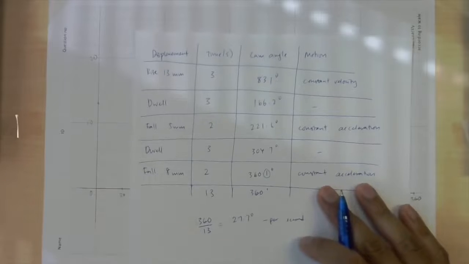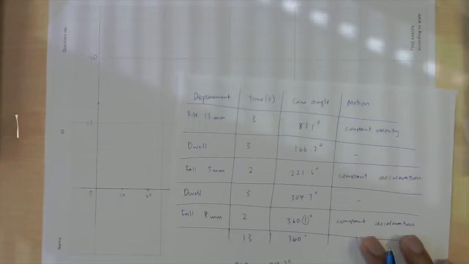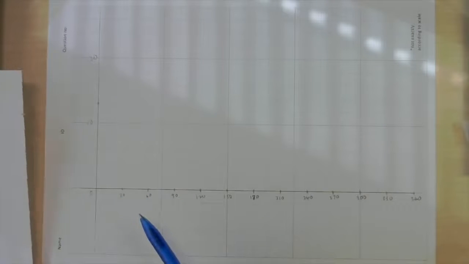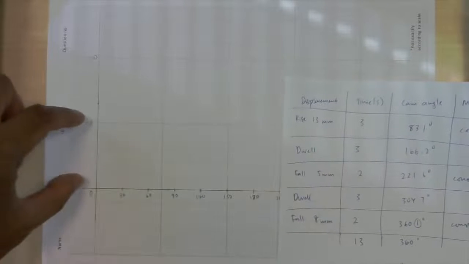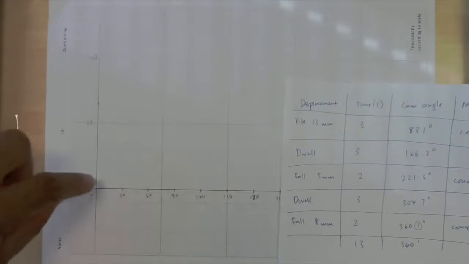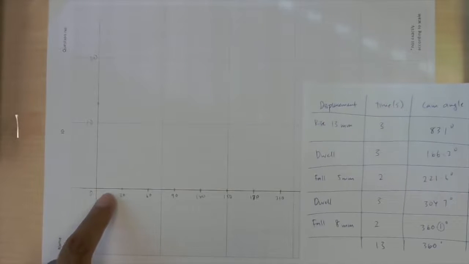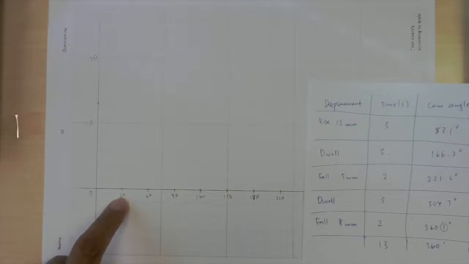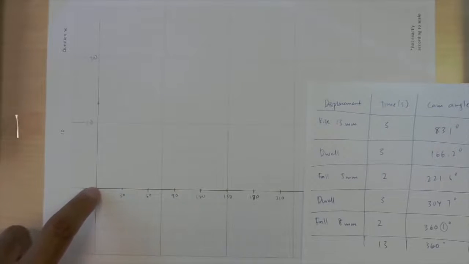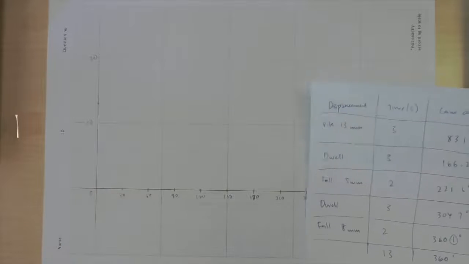And now to plot it on this graph paper. So I prepared the graph paper already. Since the rise is basically 13 millimeter, I put this at 10 to 20, and in terms of angle, every two small blocks I put 30. That means the small one should be around 3 for each increment.